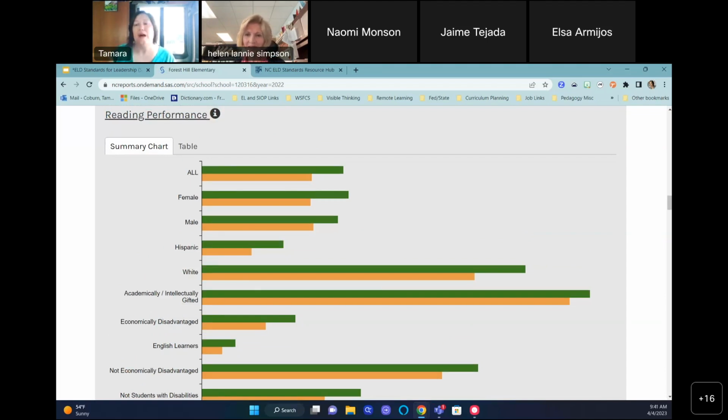I am struck by how important it is for us to take the time to slow down and really look at this data. As educators, we understand the importance of data, and then we also know that we all have a little bit of data trauma, like we're not quite ready to look at this data.